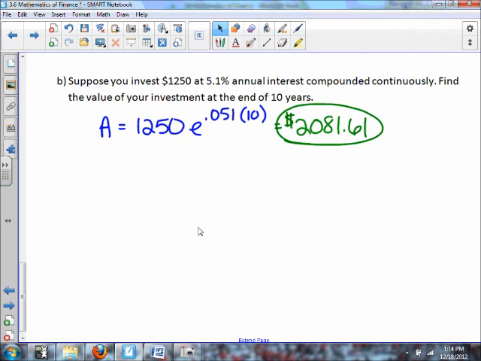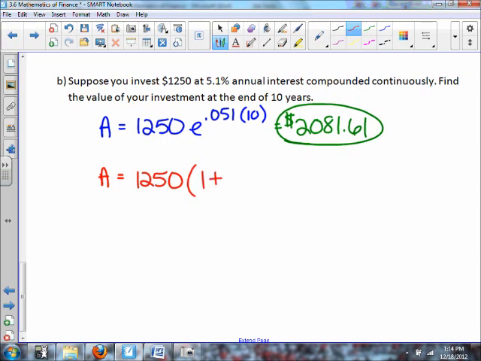Now, I want you to think about this. What if it wasn't compounded continuously? Let's say it was compounded daily. Let's find the same thing compounded daily. So it would be 1,250 times (1 plus 0.051 divided by what? 365 is daily), and I'm going to take it to the 10 times 365 power.